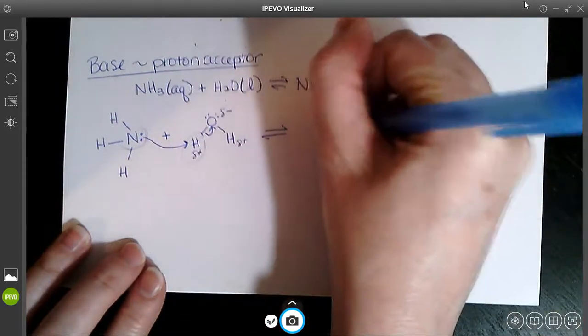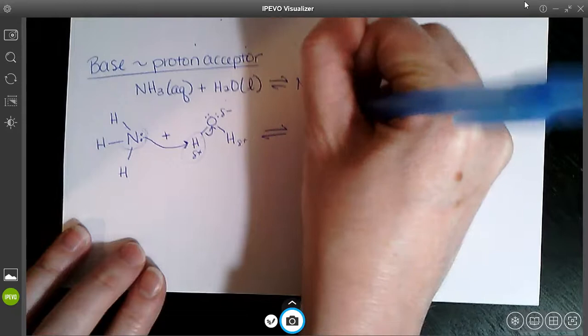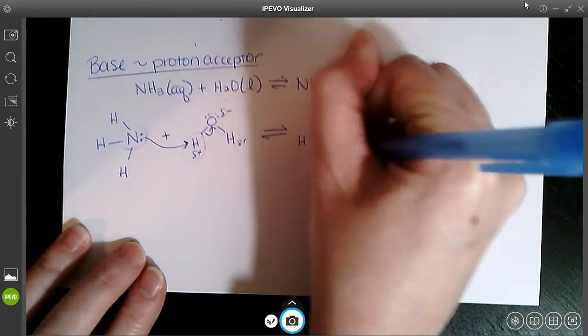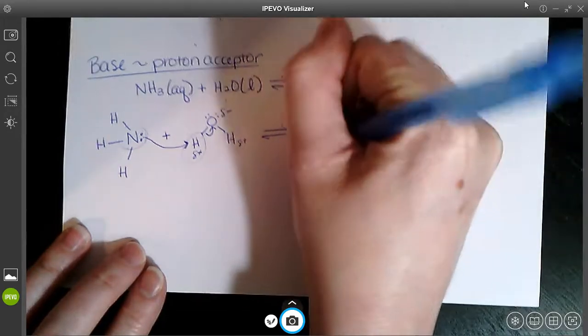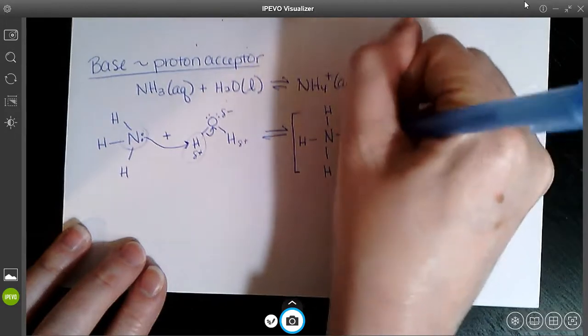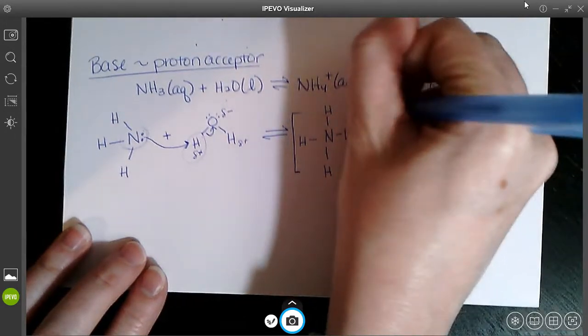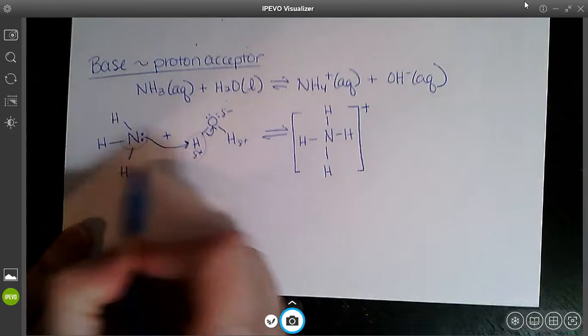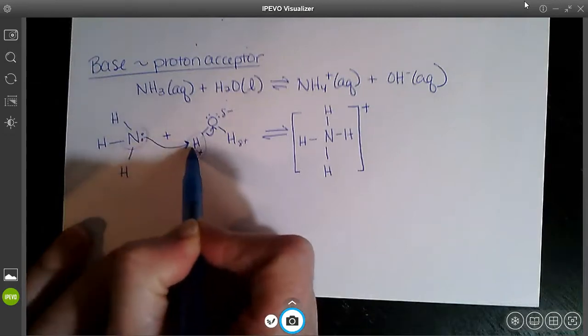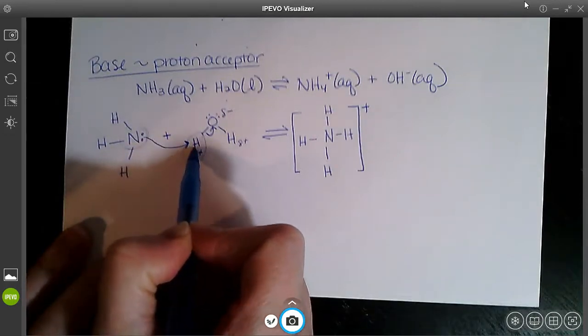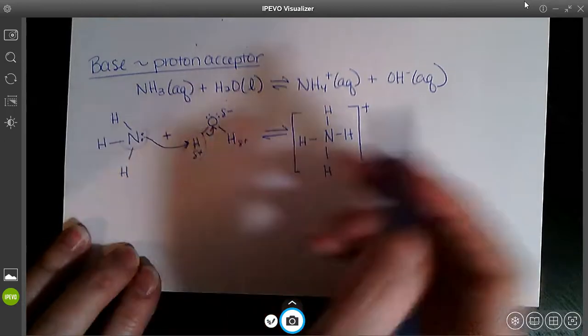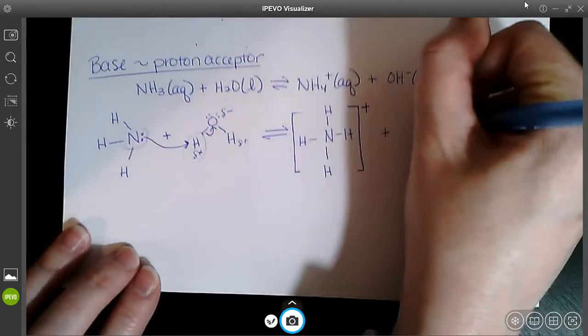So then we make the ammonium ion, which has an overall positive charge. If you think about it, it didn't gain any electrons, but it did gain that 1 proton from the hydrogen. And then the oxygen picked up electrons.